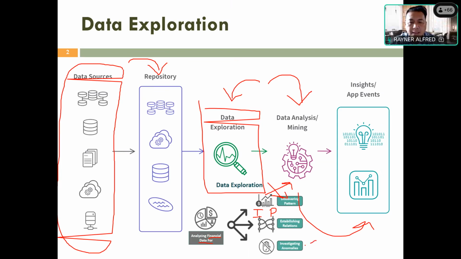So anomalies, data which is extraordinary. It could be noise, or you collected the data incorrectly, or maybe it's hidden data that you should be looking at or focusing on. These are some of the examples that we can do when we do data exploration.